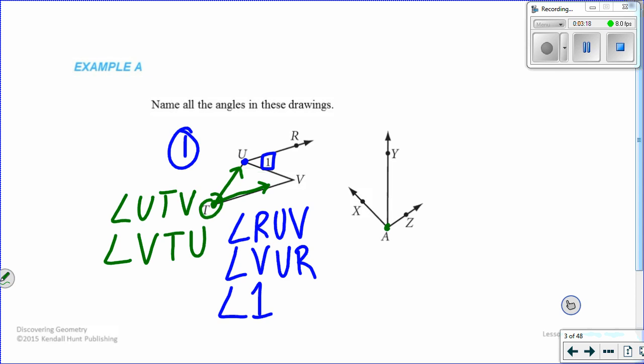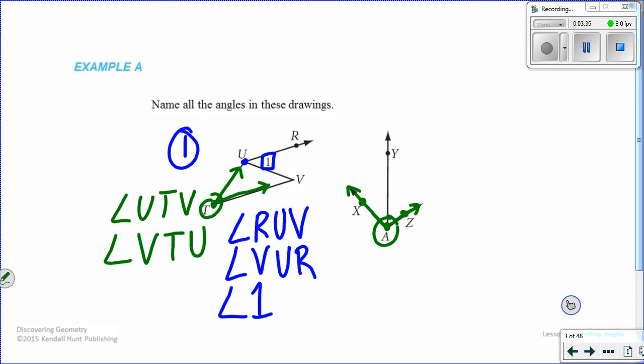All right, let's say this is a vertex, and I want to name the larger angle in this figure. I notice that here are two rays, and that looks larger than either of the others that I could name.